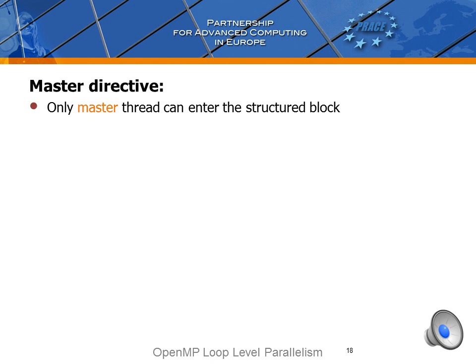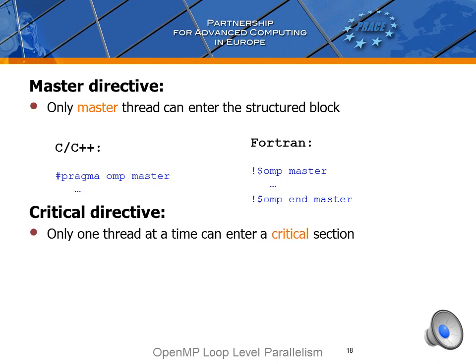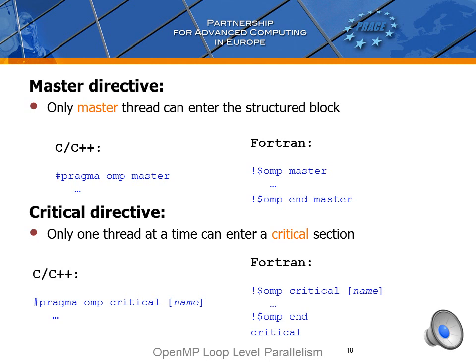The master directive denotes a region of the code that is only executed by the master thread. All other threads on the team skip this part. The critical directive specifies a region of code that must be executed by only one thread at a time. The optional name you can see in the syntax enables multiple different critical regions to exist.